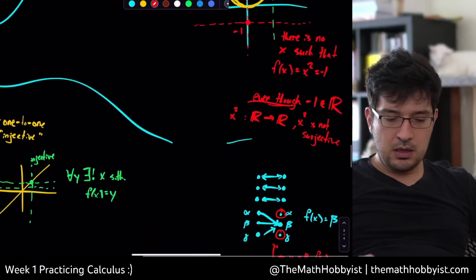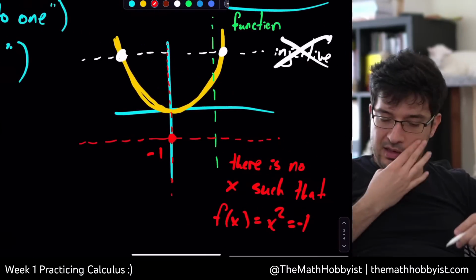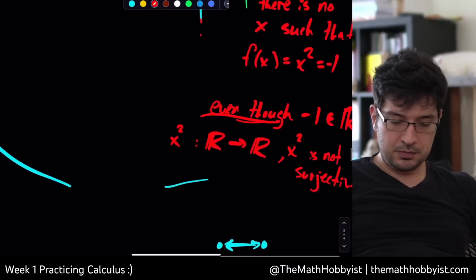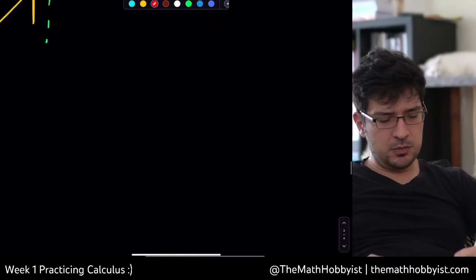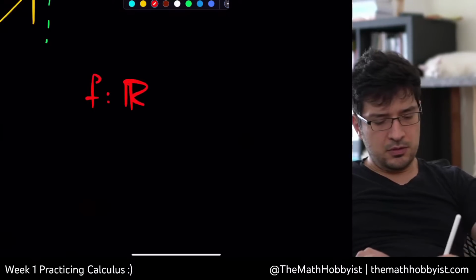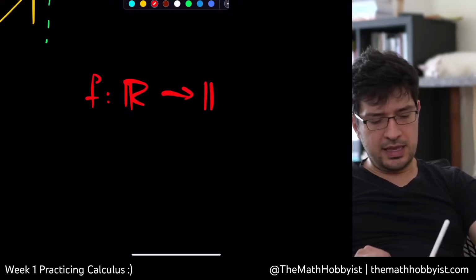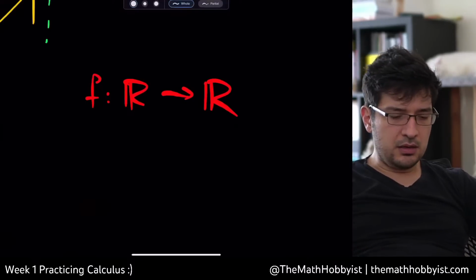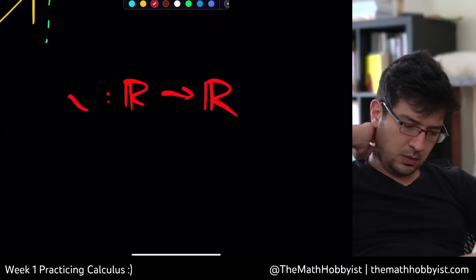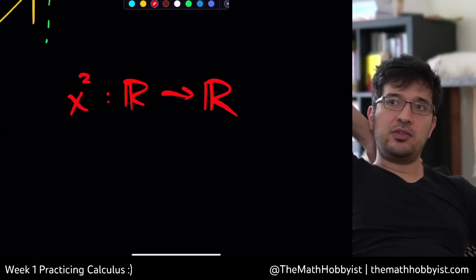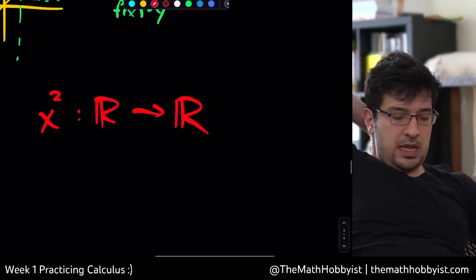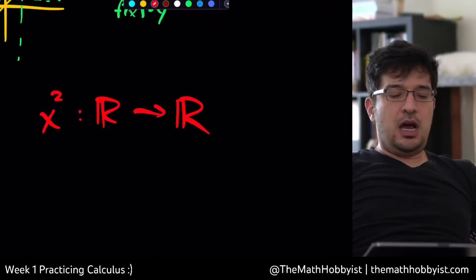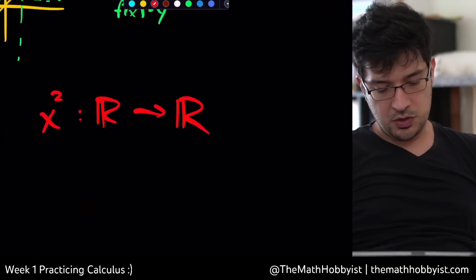And here's another example of something that is not surjective. Okay. Well, I keep drawing this kind of thing from this to this. And I'm using the example of x squared right now. We know that this is not surjective, as I just showed.